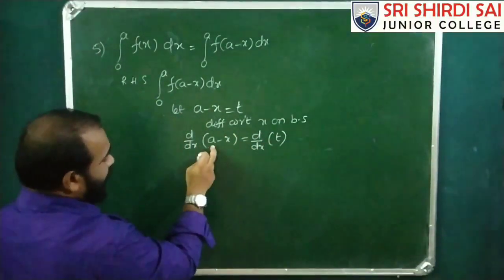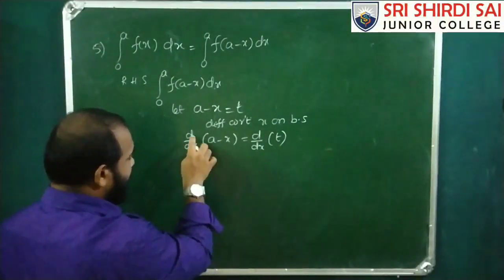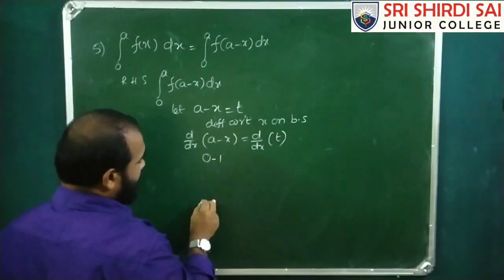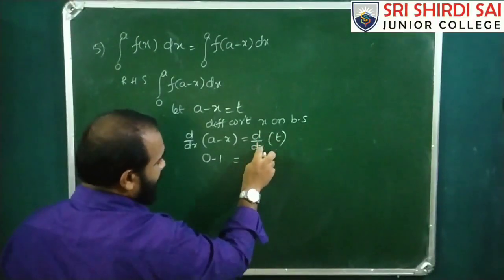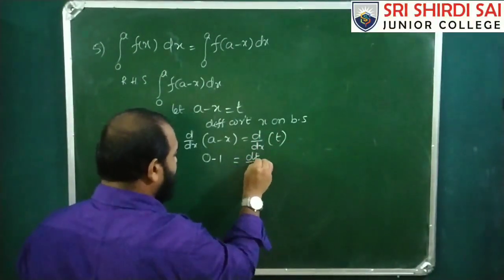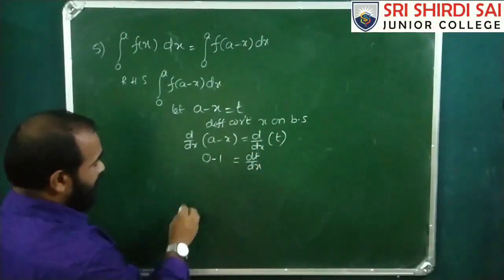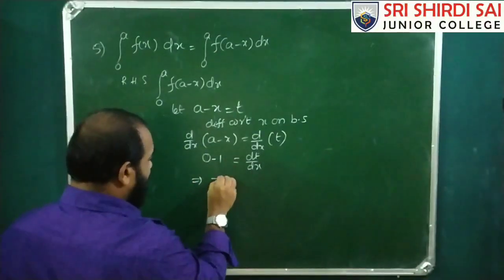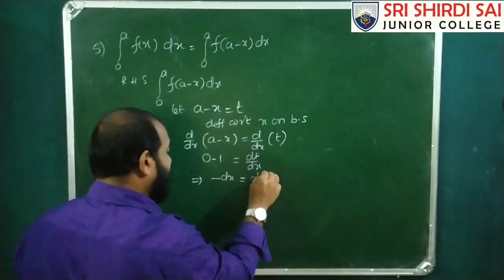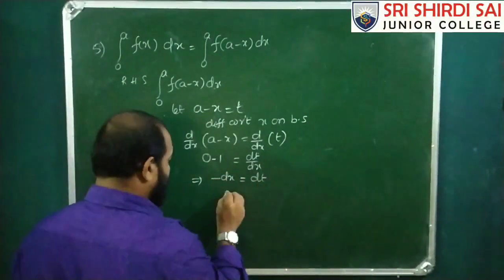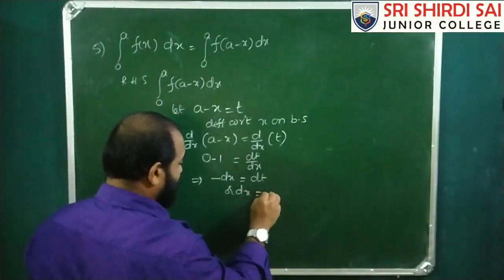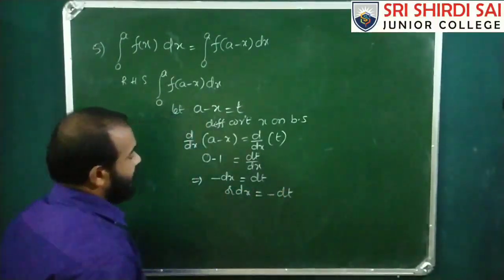So d by dx of a constant is 0, minus d by dx of x is 1, is equal to d by dx of t, which is dt by dx. That means minus dx is equal to dt, or dx is equal to minus dt.